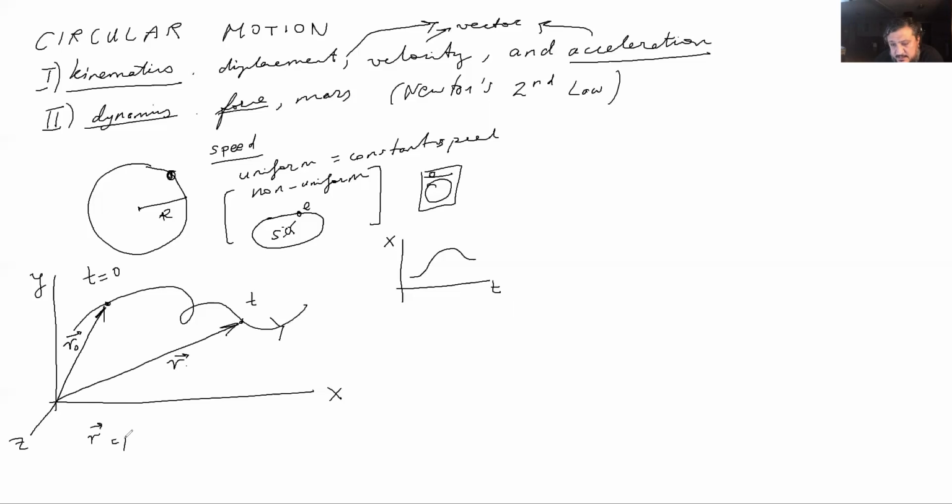So this R is the position vector. R depends on where you pick your origin. Mike's origin is here. Sally has her origin over there. So they will not agree on what the position is in terms of the position vector.